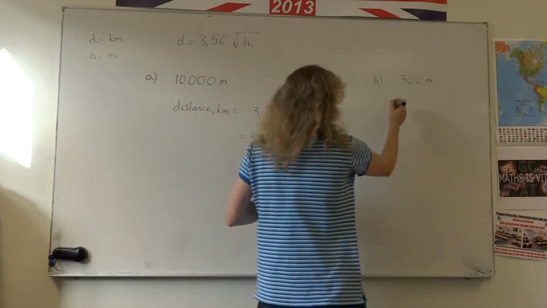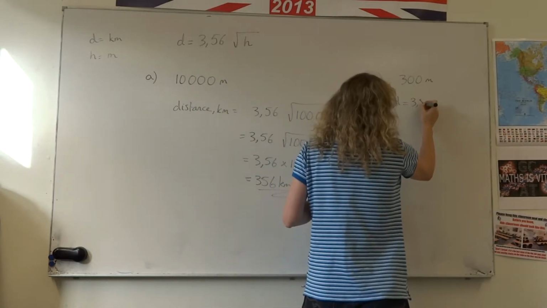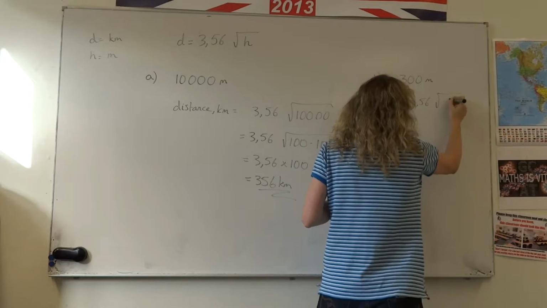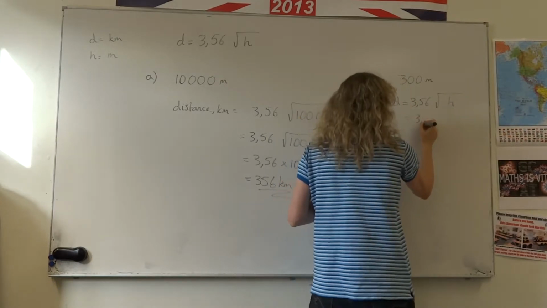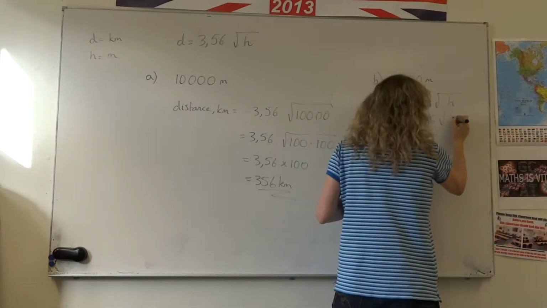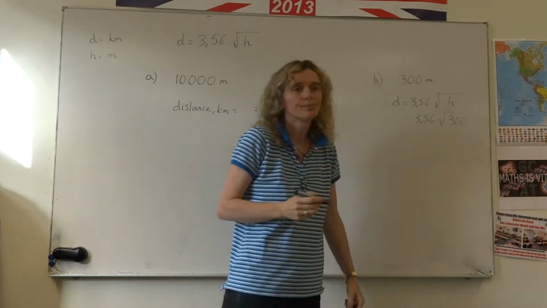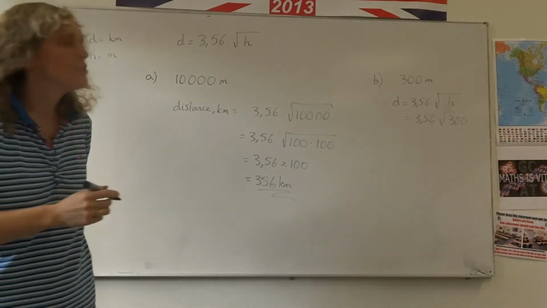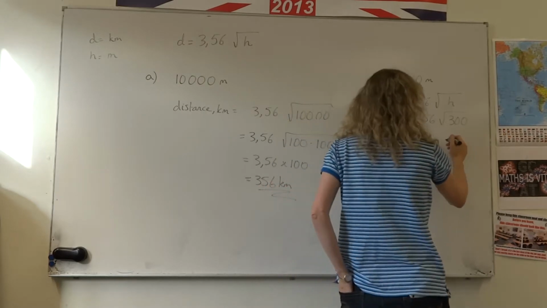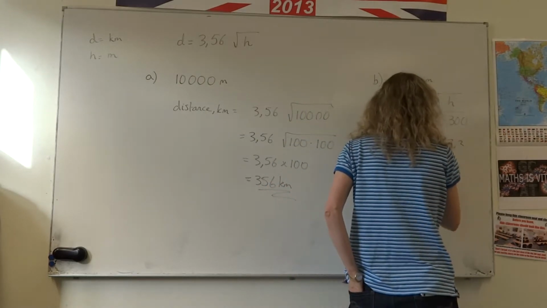Again, we use the formula that D is 3.56 times the square root of h, which in this case is 3.56 times the square root of 300. The square root of 300 is 17.3.